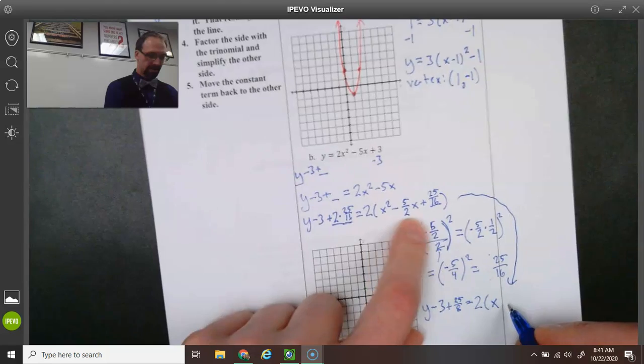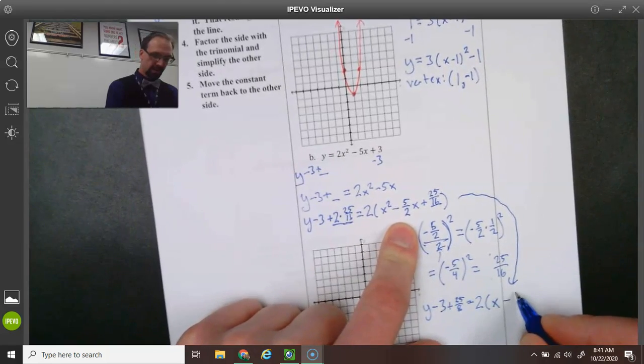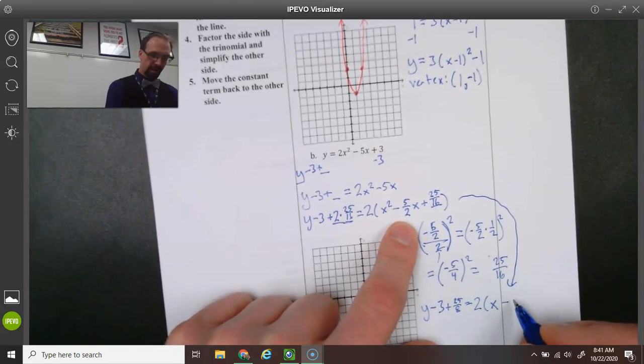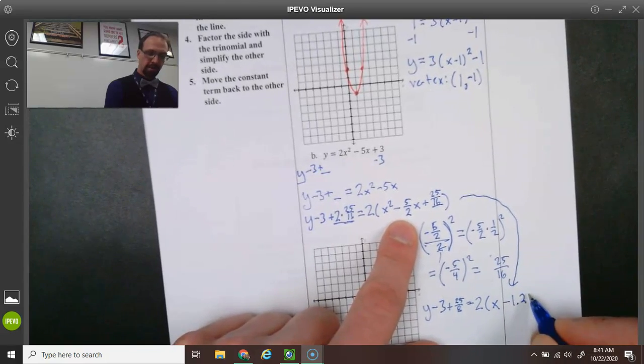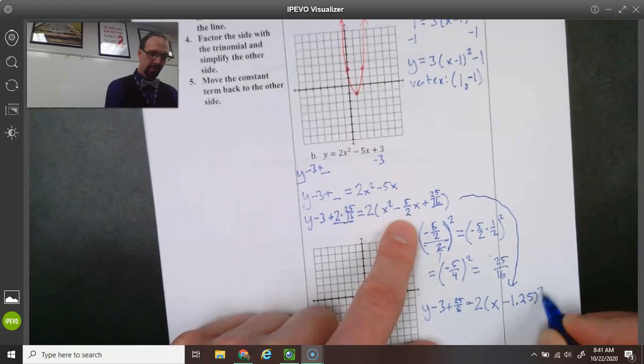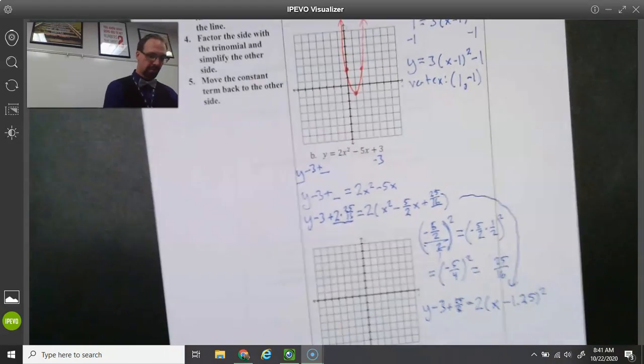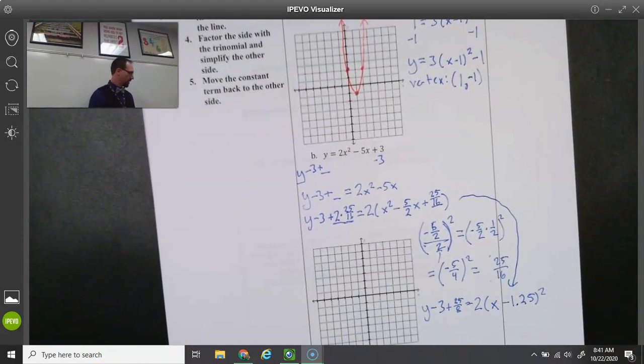Then if I factor this, it is x minus 5/4 squared. I'm going to turn this into a decimal. 5/4 is 1.25 quantity squared. I'm going to convert this to a decimal too. I don't know what that is off the top of my head, and I just moved and put my calculator away. There we go.